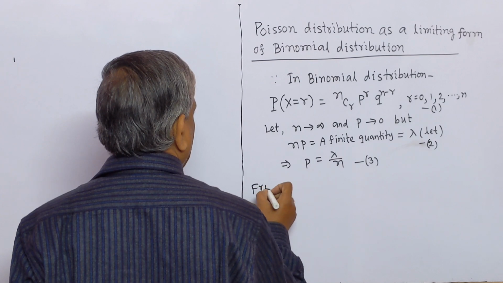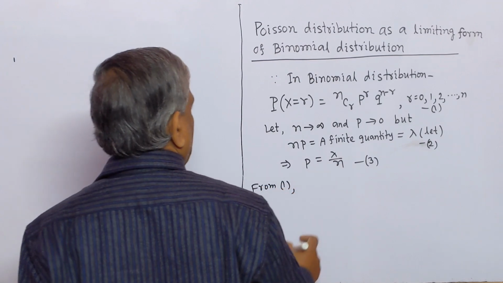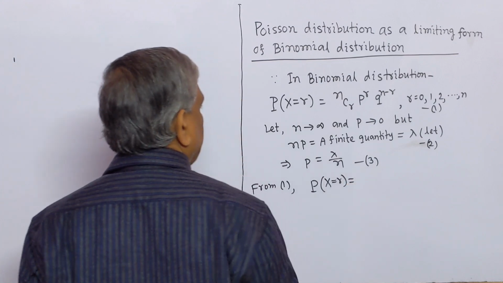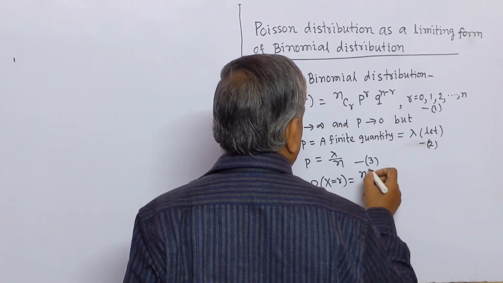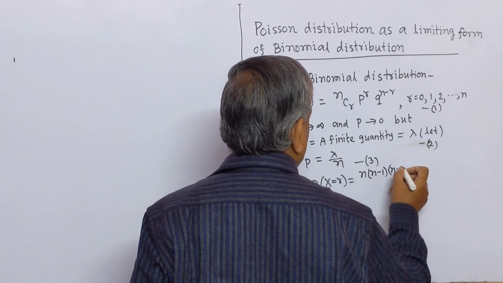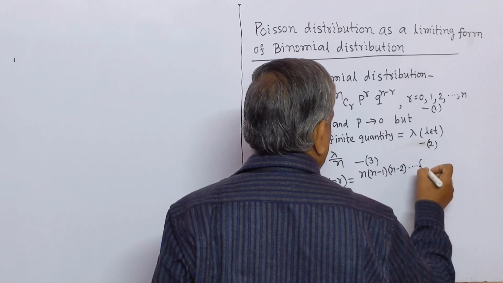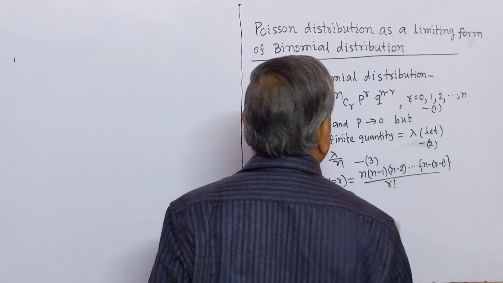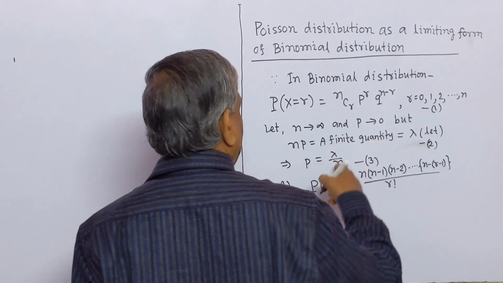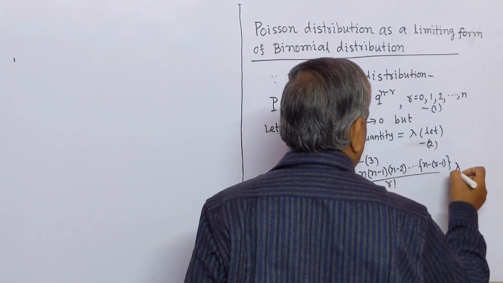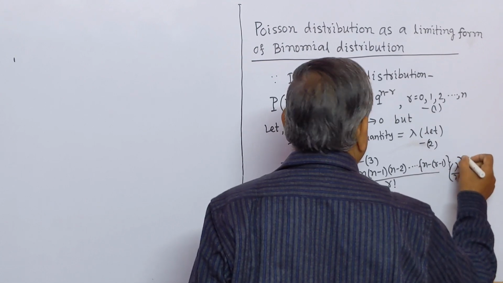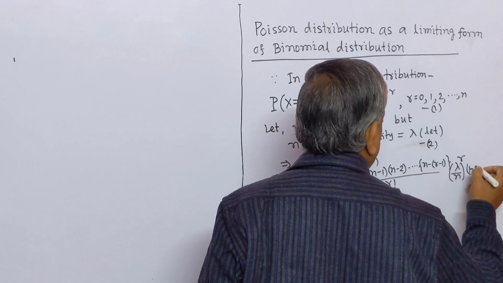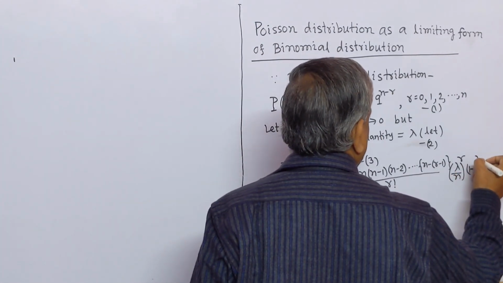From 1, P(X equal to r) equals nCr, that means n(n minus 1)(n minus 2)...(n minus r plus 1) by factorial r, times p to the power r, that means lambda by n to the power r, times q, which is 1 minus p, to the power n minus r.